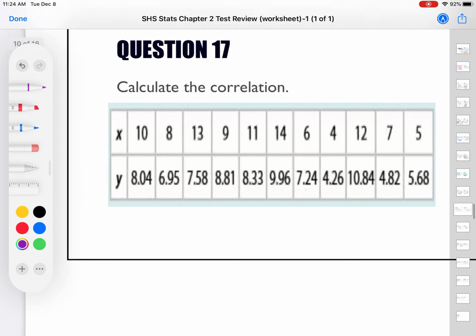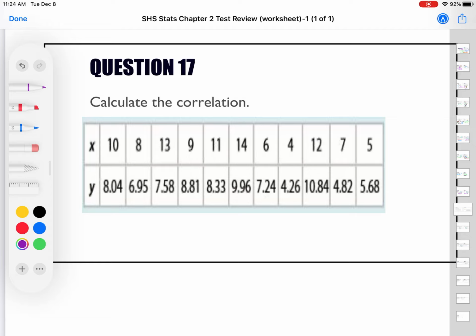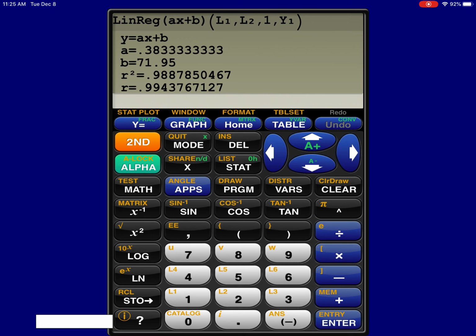All right, question number 17. Calculate the correlation. All right, so I'm going to do the same thing here. I'm going to take these numbers and put them into my graphing calculator.